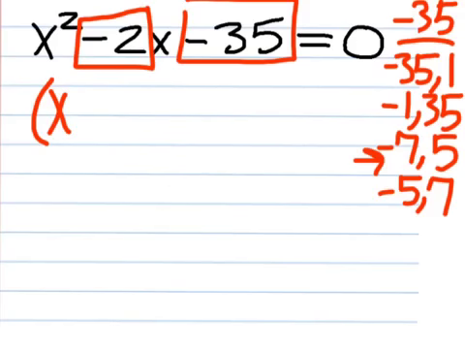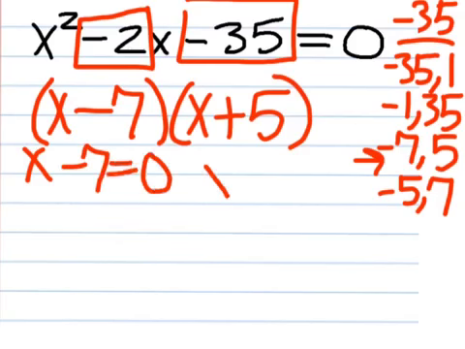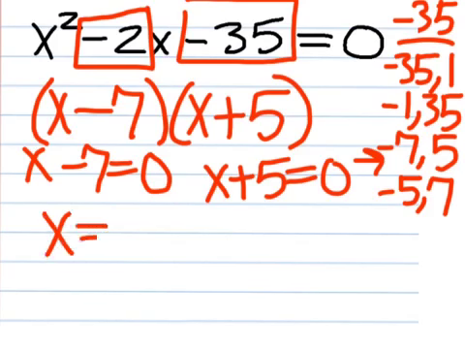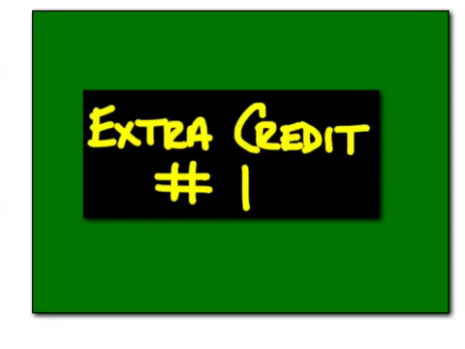So we put in our negative 7, positive 5. We need to set these equal to 0. Alright, and when we solve these, we should get x equals positive 7 and x equals negative 5.